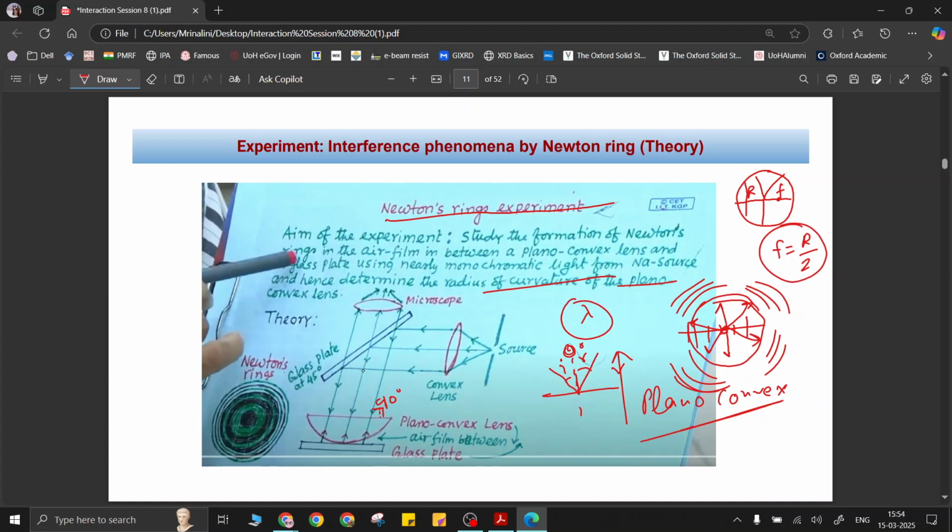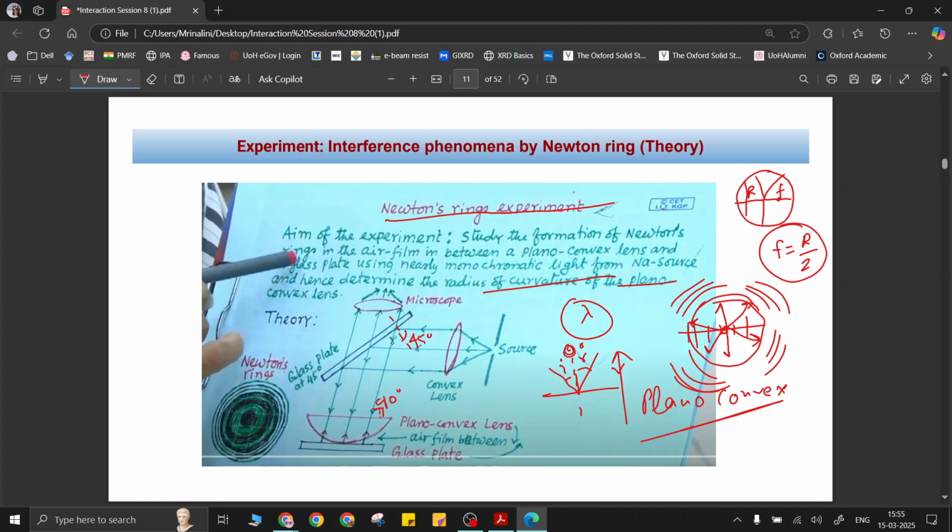So here, since I said this plate is at 45 degrees, if I make a normal to this plate, this angle is 45 degrees.